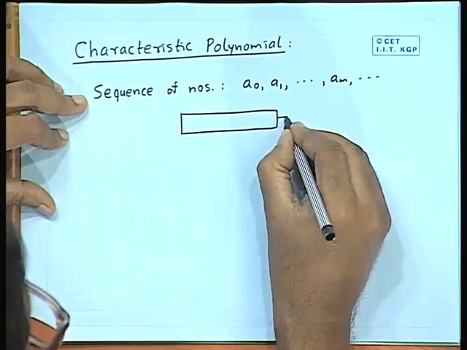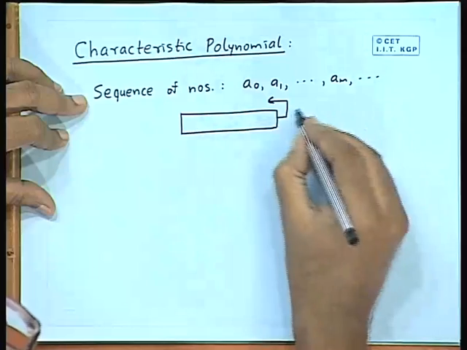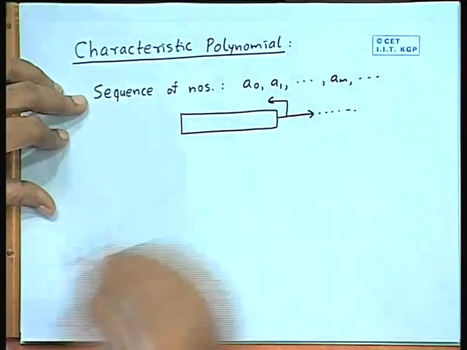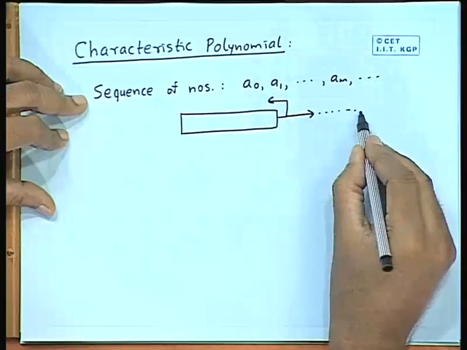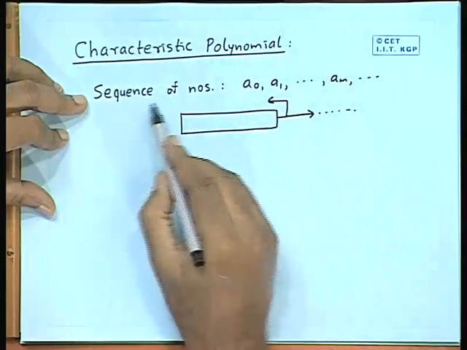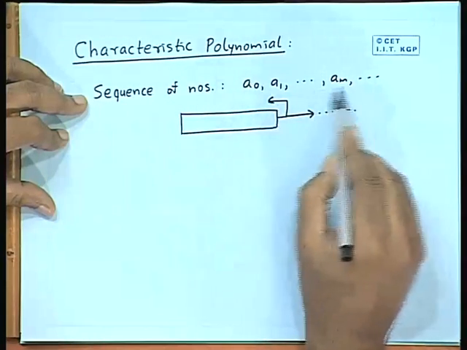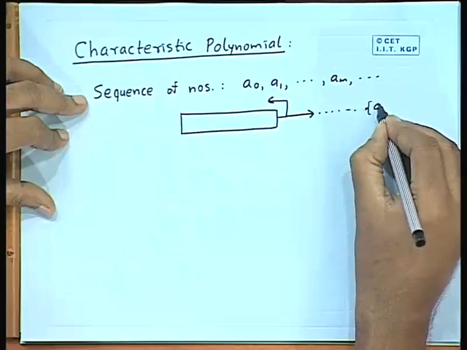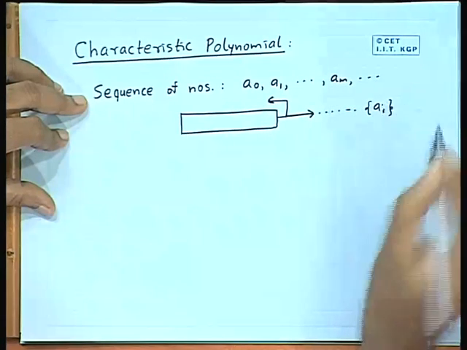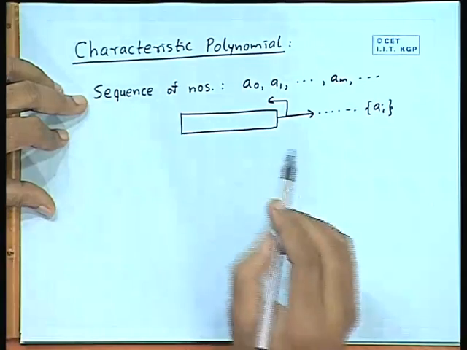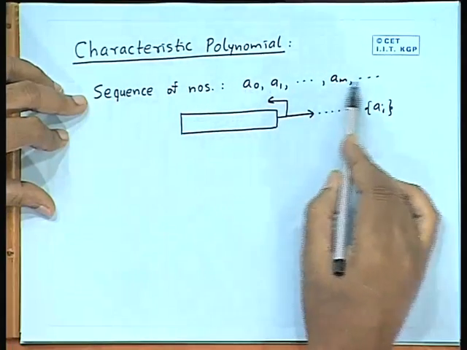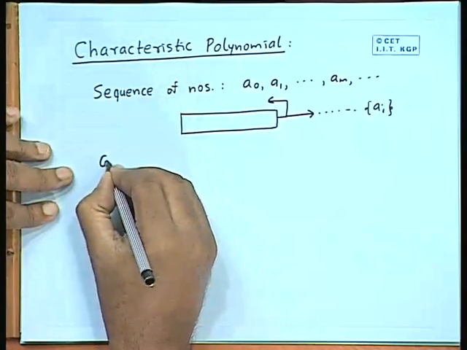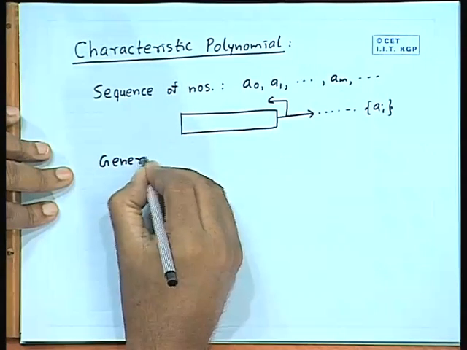If this is the output which is fed back, I am not showing the whole diagram, this output bit will be generating a stream of zeros and ones. So, this output bit pattern can be considered as this sequence A0, A1, A2. These Ai are 0 or 1. Now, given a sequence of numbers like this, a0 to am, we can define a generating function.